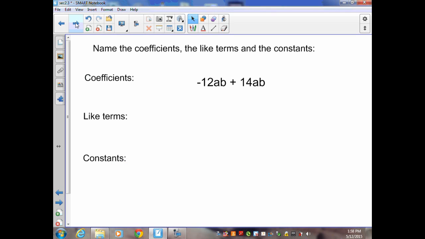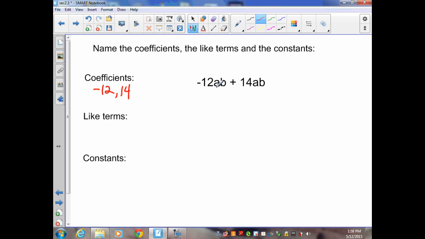In this example, we want to name the coefficients, the like terms, if any, and the constants, if any. The coefficients are the numbers that multiply the variable. Here, my coefficients are negative 12 and 14. Like terms, I have like terms.